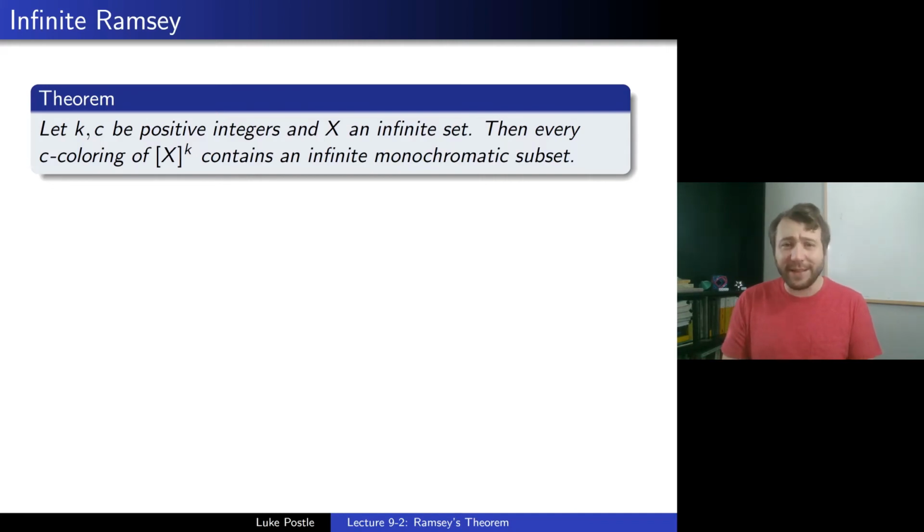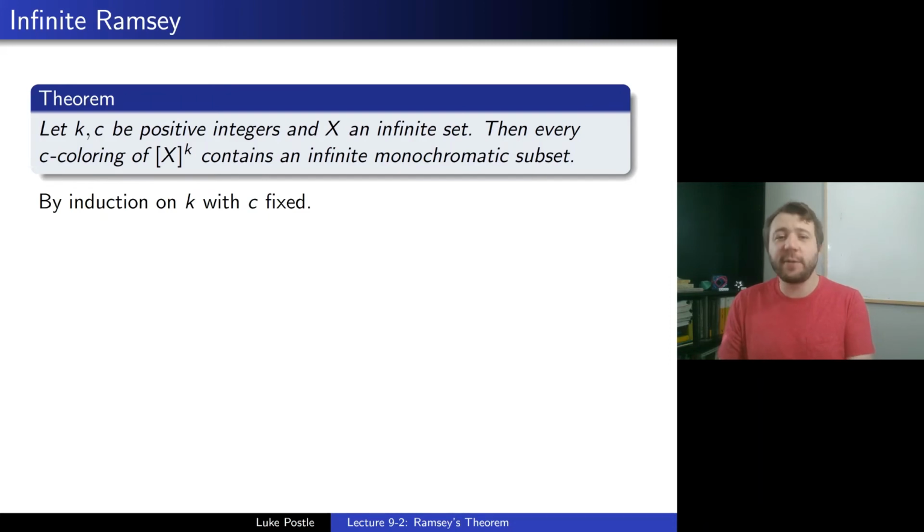So that's quite nice. All right, now we're going to proceed with the proof of infinite Ramsey. How do we do that? Well, we'll go by induction on K with C being fixed. So you fix the number of colors, they won't be so important, but then think about doing induction on K. We didn't do it in the infinite case, but we kind of addressed K's too for finite Ramsey.